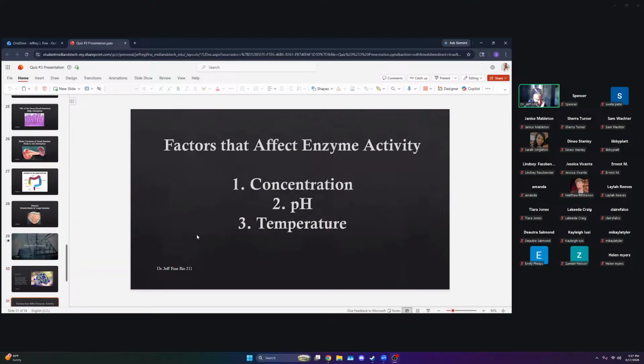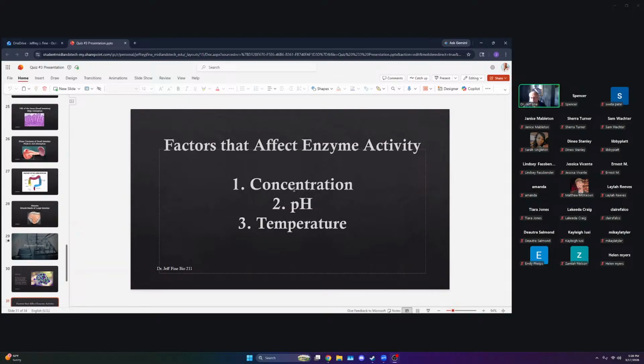All right, there are a couple of factors that influence the intensity of a reaction that an enzyme initiates, okay? And those are, the first one's pretty obvious, concentration, right?